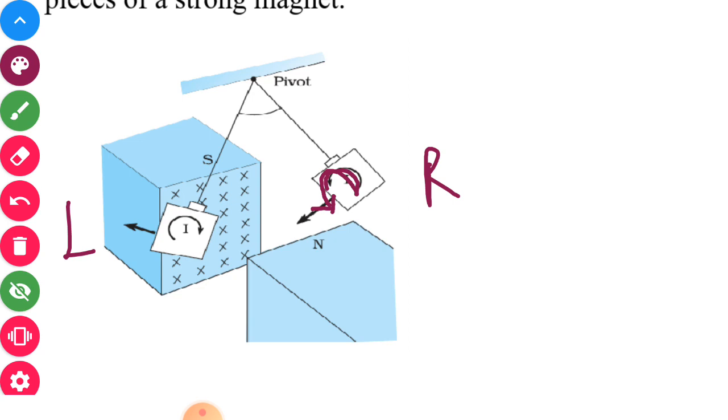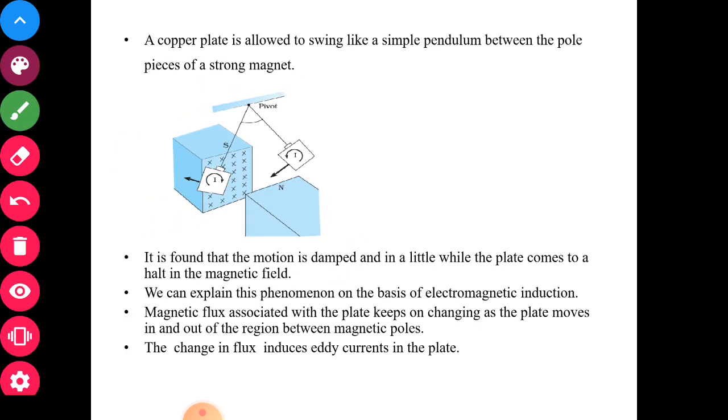When it goes from left to right, the current will be opposite, that is in the clockwise direction. So it is found that the motion is damped.